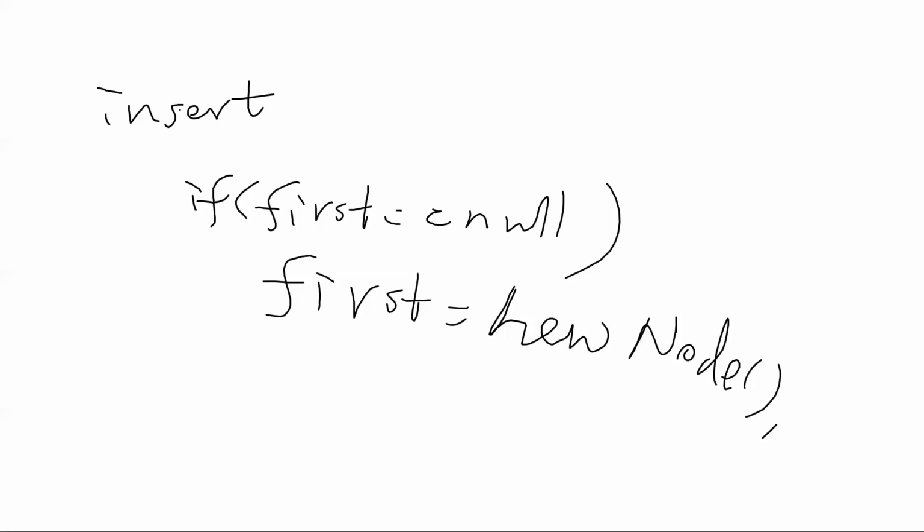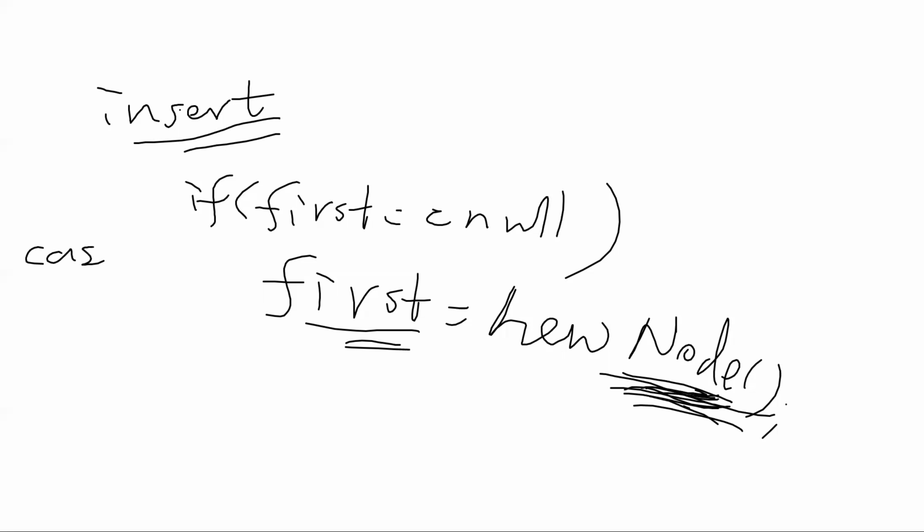The node is some kind of data structure, a class, and we will see it in code. But anyway, suppose that class already exists, then you're just going to create this node, and that's the first case. So you do the insert. So case one is empty list. Empty list, then you do this.